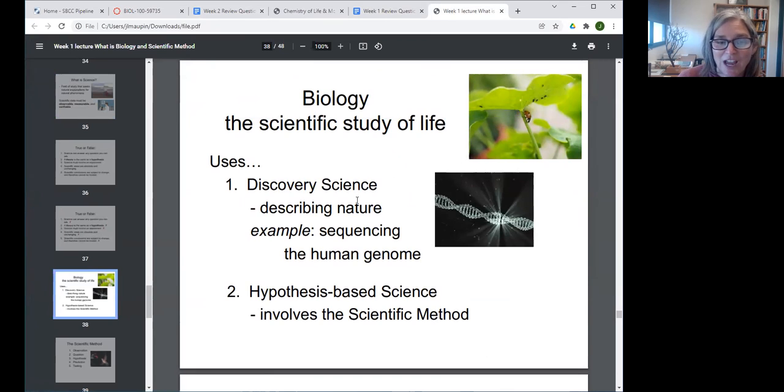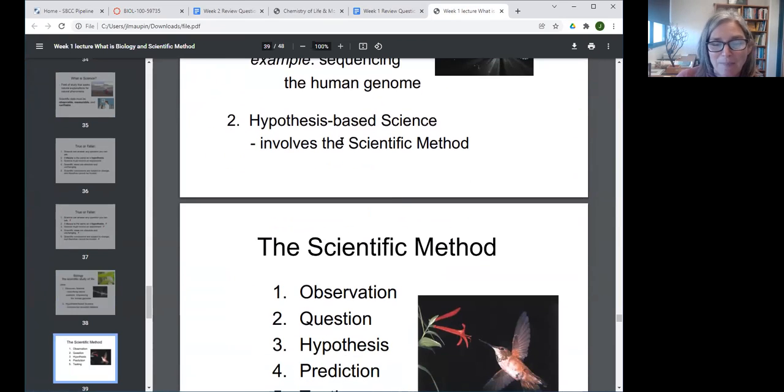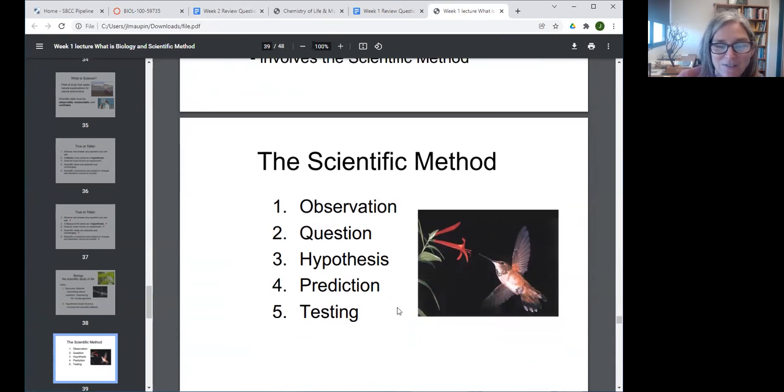That you could have discovery science, which doesn't involve the scientific method. It's not hypothesis based. You don't have to do an experiment. You can just go out in the world and look at things and describe them, measure them, and quantify the data somehow. But with hypothesis based science, this is the scientific method.